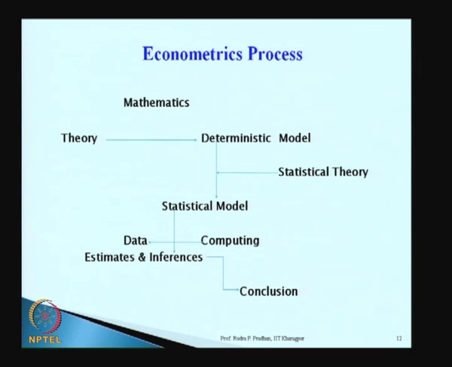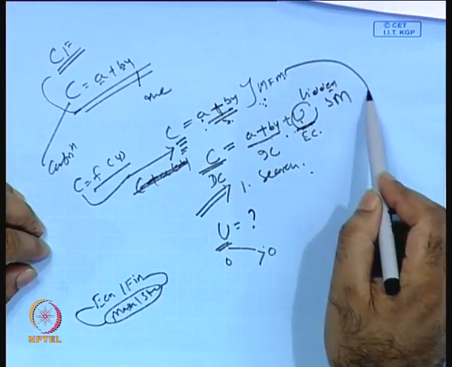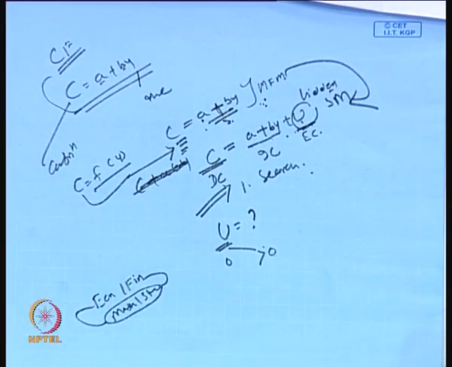Then you apply statistics, and these deterministic models will transfer into the statistical form of the models. That means statistical application is applied to the mathematical form. Once you transfer to the statistical form of the model, you need to verify. This is the mathematical form of the model, and this is the statistical form of the model.